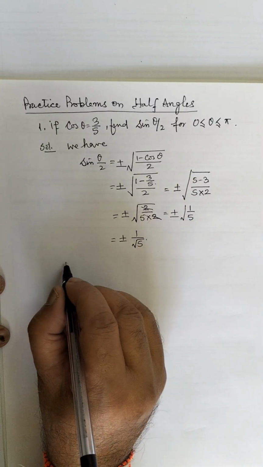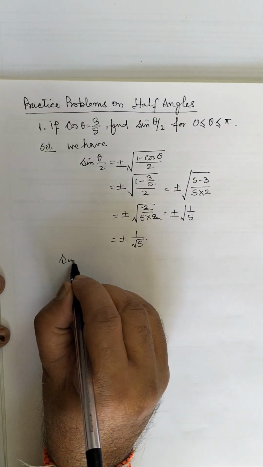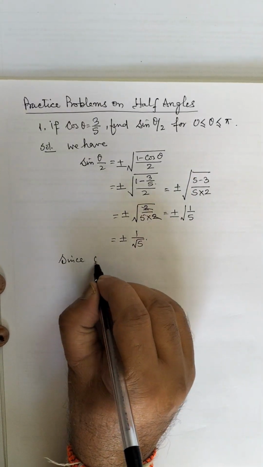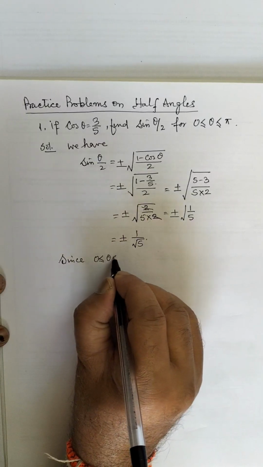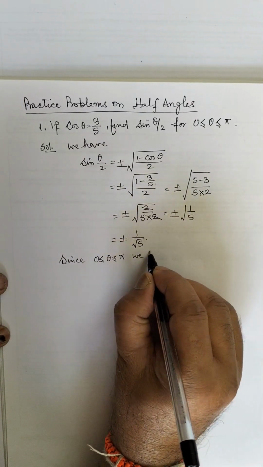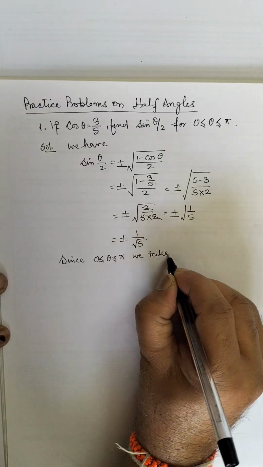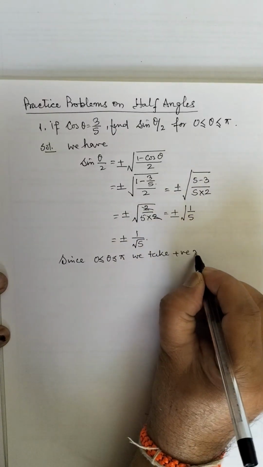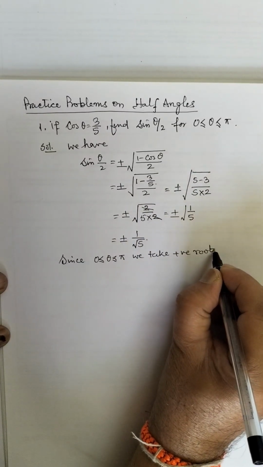Now, point to be noted, since 0 is less than equal to theta is less than equal to pi, we take positive root.